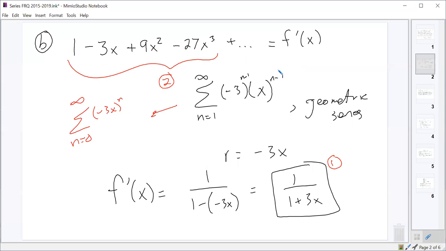It doesn't really matter. Any of those would be fine. You can always manipulate the powers to match whatever index you want it to be. Yeah, this would be fine. Or then, that's fine too.